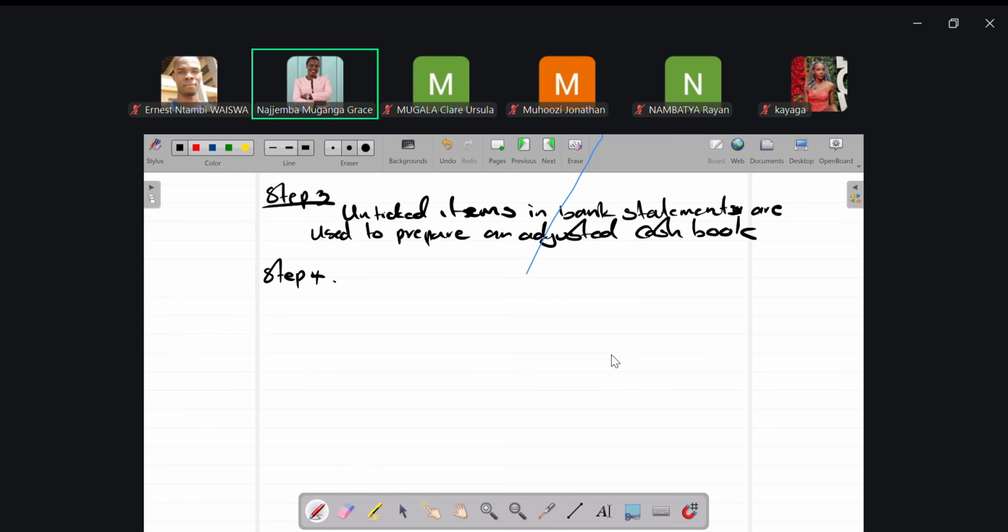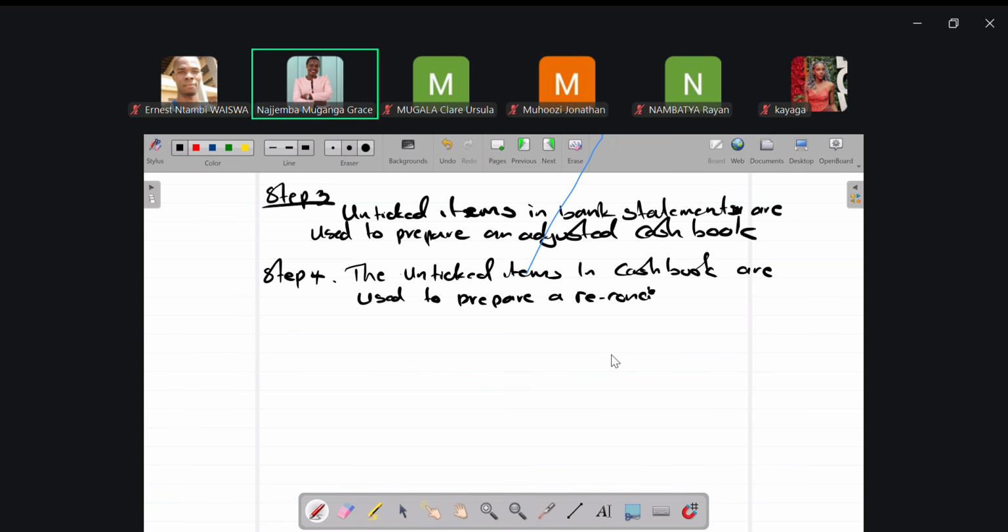The unticked items in the cash book are used to prepare a reconciliation statement.